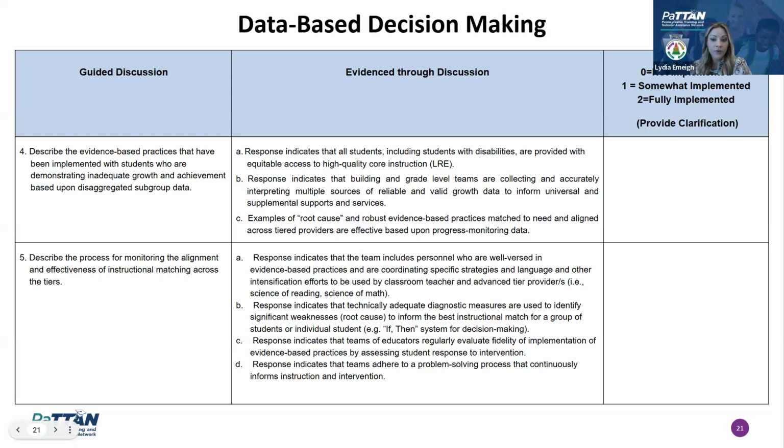For example, using an if-then system for decision-making. The LEA team will discuss whether educators regularly consider fidelity of implementation of evidence-based practices. This can be accomplished by assessing student response to interventions and discussing whether the team follows a continuous problem-solving process to refine instruction and intervention.